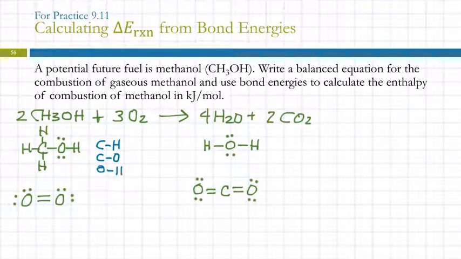Oxygen-hydrogen. How many carbon-hydrogen bonds are there? 3. So there's 3 of those. There's 1 carbon-oxygen and 1 oxygen-hydrogen. In the O2, we have an oxygen double bond. There's just the 1, right?